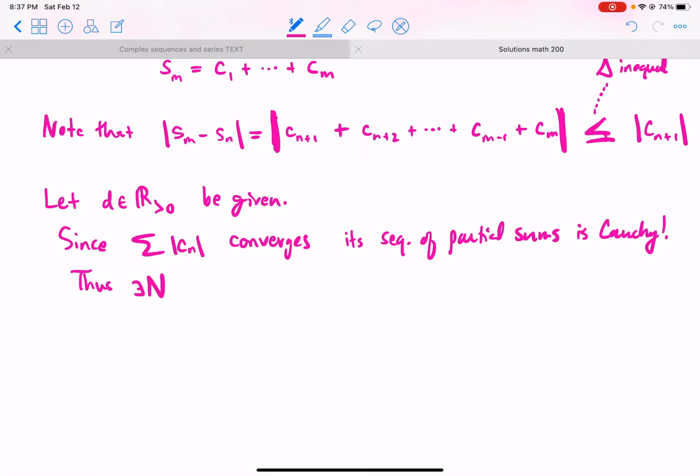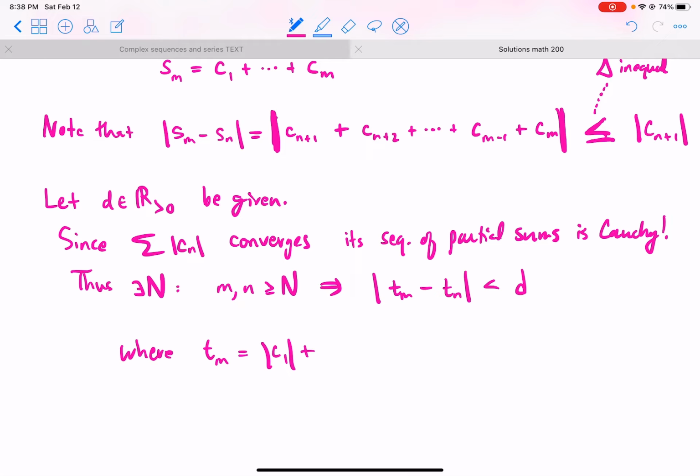Thus, there exists a capital N such that m and n past that point implies Tm minus Tn is less than D, where Tm is equal to the absolute value of C1 plus the absolute value of C2, all the way up to the absolute value of Cm, the partial sums of this absolute value sequence, and Tn is just the same, except up to a shorter term.